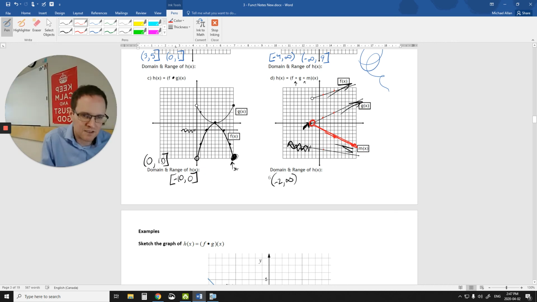Oh, never mind. It's not going down. It's going up. That makes more sense now. So where I was thinking about before, this point would actually be right about here. That makes more sense now. Okay, so it's going to go this way. Yeah, okay. So my range here is going to be the bottom of my graph, not including 0, going up forever.